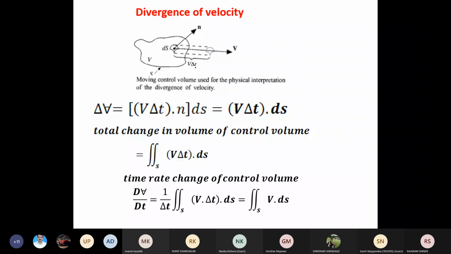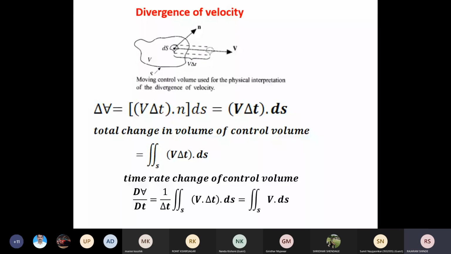So we can see here, if we consider this delta t to be very small, we can assume this as a small change, and we can consider this as a cylindrical change in the control volume.